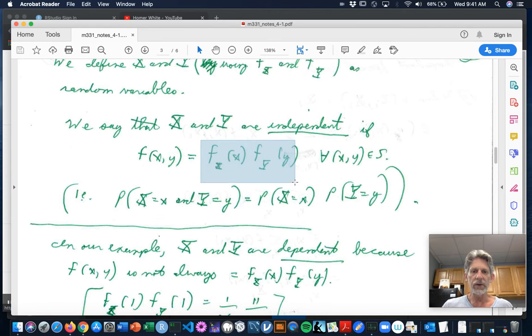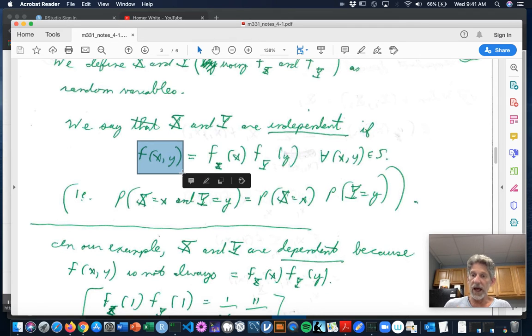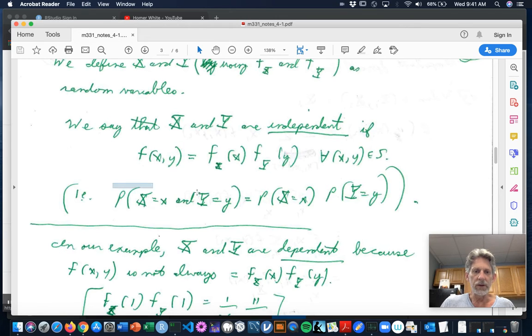If you multiply those together, then you should get the chance that capital X is little x and capital Y is little y. What you're saying there is that the probability of this and is the product of probabilities, which aligns with how independence works for events. So this seems like a good definition for independence for random variables.